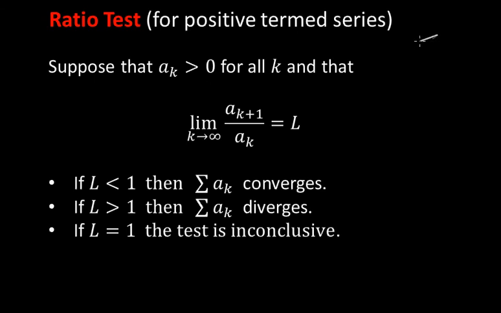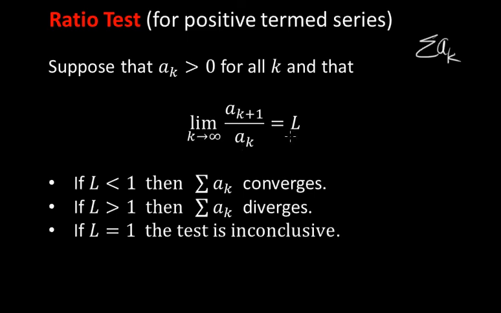But suppose that you have a positive term series. In other words, you have a sigma a sub k, and a sub k is greater than 0 for all k, or from some point on. You want to take the limit as k approaches infinity of the k plus first term divided by the kth, the one before it.